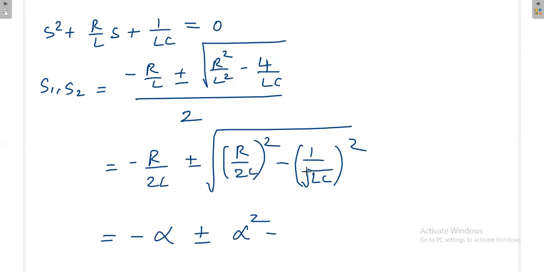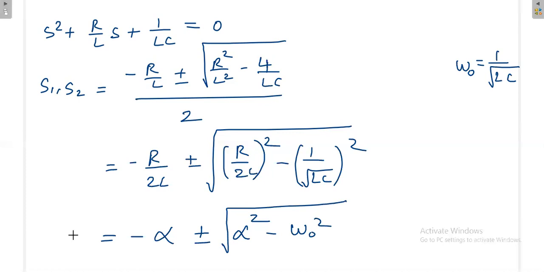I can call it beta or something else, but this is equal to omega naught. Omega naught is the resonant frequency of the RLC circuit. Once you have the RLC circuit, what is the resonant frequency of the circuit? That is 1 by square root of LC. So this I can write as omega naught square.